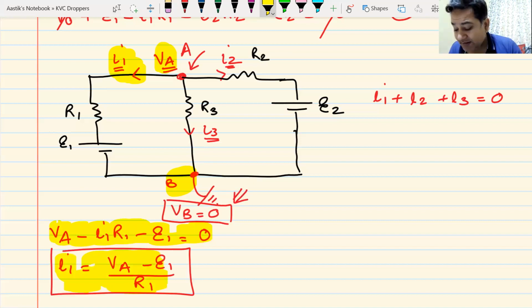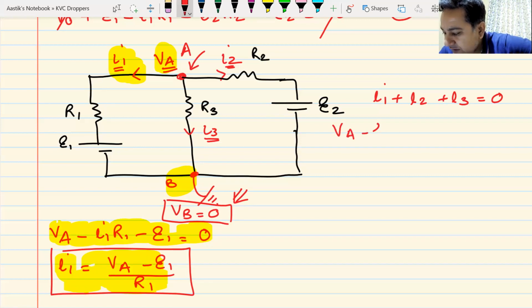Now, once I understand this, I can easily write the value of I2. I just see whether the battery is getting added or subtracted. I subtract it or add it to VA and I divide it by the entire resistance. Do you understand how I get the value of anything? Yes, sir. So first I write the value of I1.